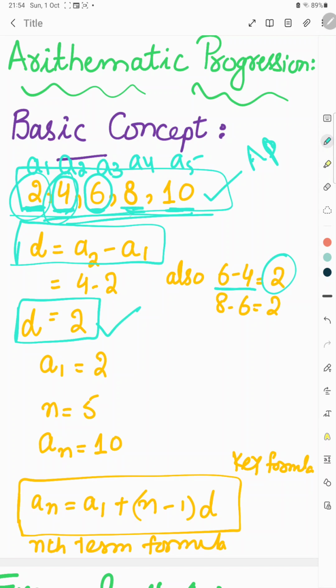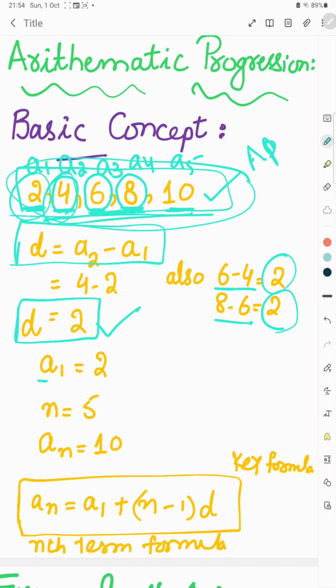So you have to subtract the previous term from the next term. So here you will do 8 minus 6. So what do we get from 8 minus 6? It's again 2. So what do you observe here? You observe that the difference between all these terms is the same. So the difference here is 2. So we have the value of D as 2.